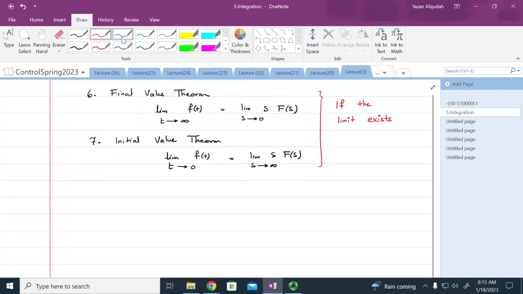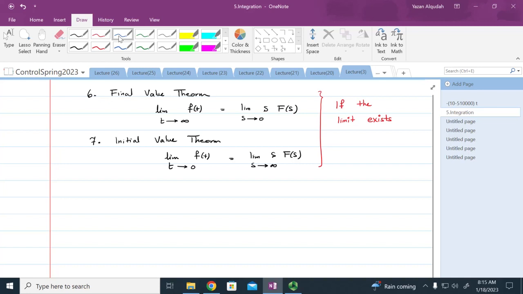The other thing we notice about the expressions for the final value theorem and the initial value theorem is the following. In the time domain, the behavior of the function when t goes to infinity is determined by very small values of s. The behavior of the function when t goes to 0 is determined by very large values of s.